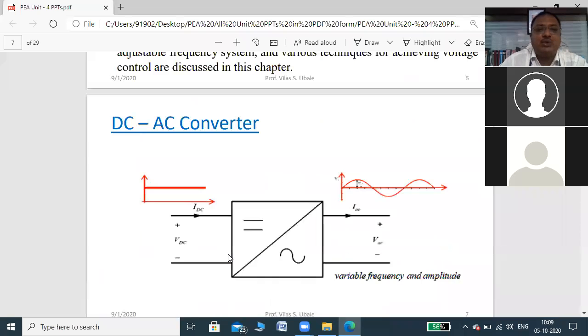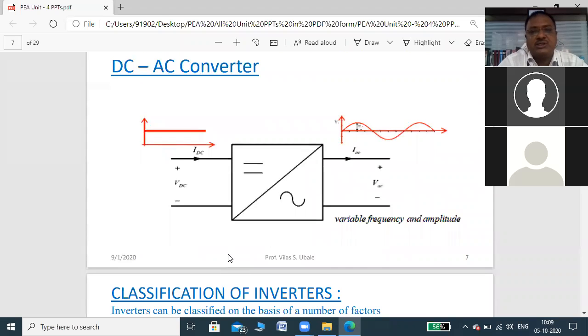Now, the DC to AC converter. This is the generalized block diagram. So when you start your answer, you can write the definition and the introduction part that I have given here. Then you can draw this simple block diagram, which shows the actual working of an inverter. The input to the inverter is DC and the output is shown as pure sinusoidal, but actually a pure sinusoidal output is very difficult to obtain.